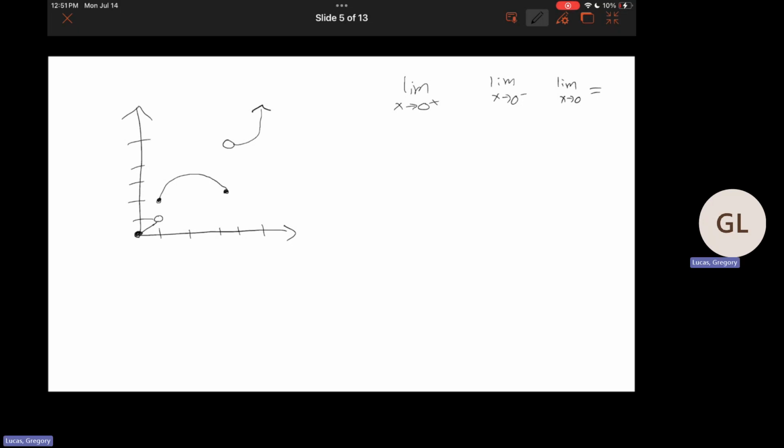So we'll look at 0, because 0 is a special case here. We'll look at 1 from all directions. And then let's look at 4.